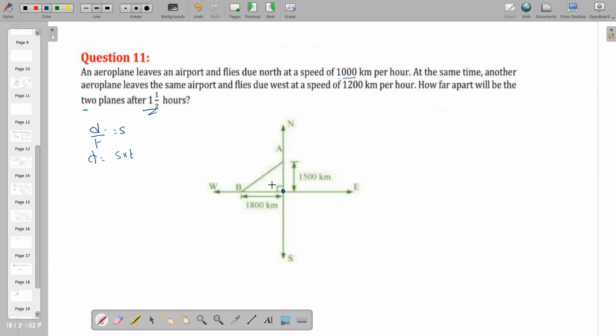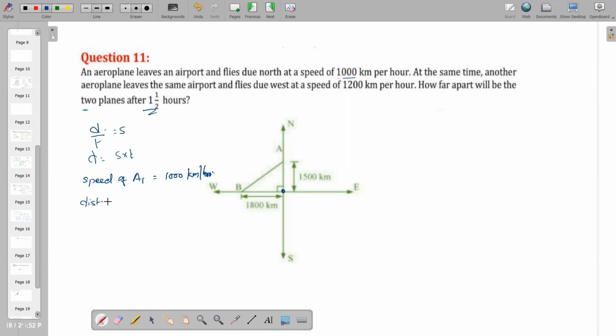Here, for the first aeroplane, the speed of aeroplane 1 is given as 1000 km/h. So in 1.5 hours, what should be the distance traveled?